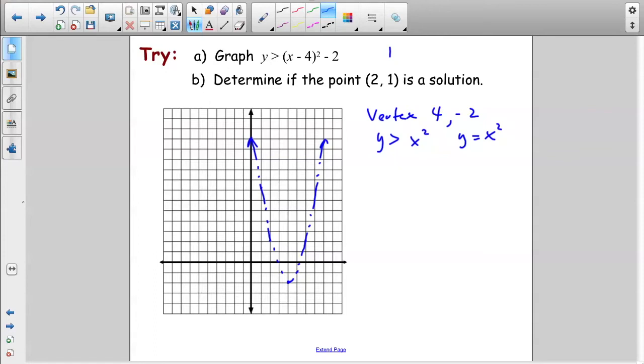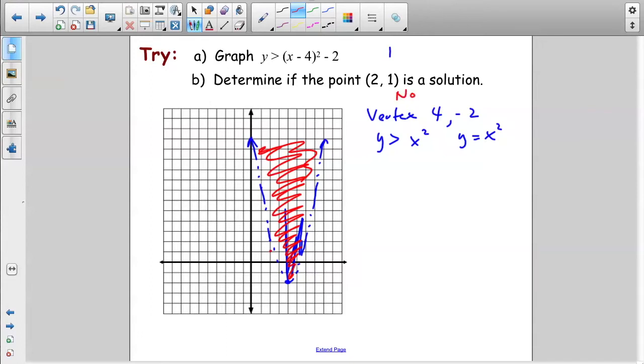Now, where am I going to shade? Well, we stand at the vertex, and we have greater than, so I go upwards. So it's everything that is in between the parabola. Now, go over 2, up 1, it's right there, and it's no.